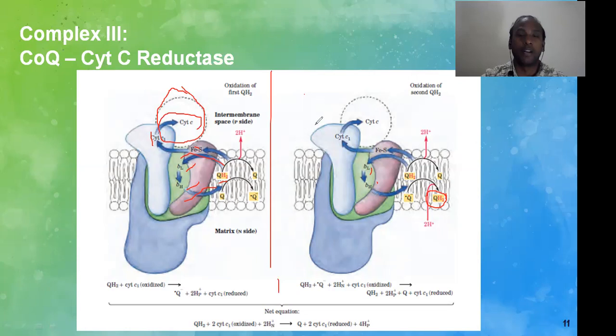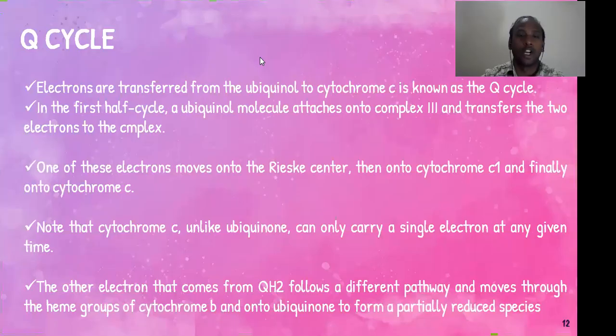For better understanding, I have given a few more important points about the Q cycle. What do you mean by Q cycle? Q cycle is nothing but electrons transferred from ubiquinol to cytochrome C. There are two cycles, we call them the first half cycle and the second half cycle.